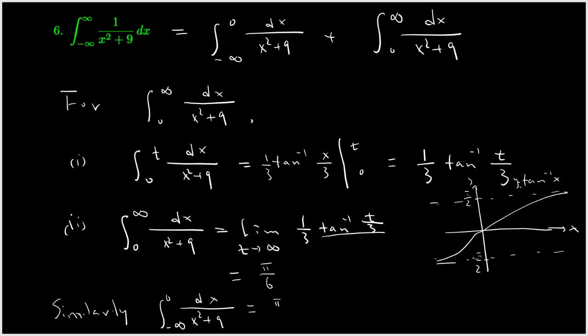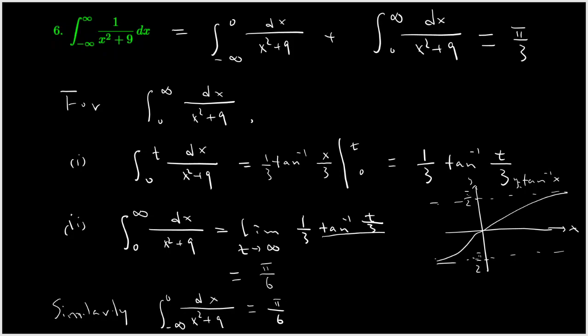It's also pi over 6. Now the final answer. Pi over 6 plus pi over 6. The final answer you have is pi over 3.